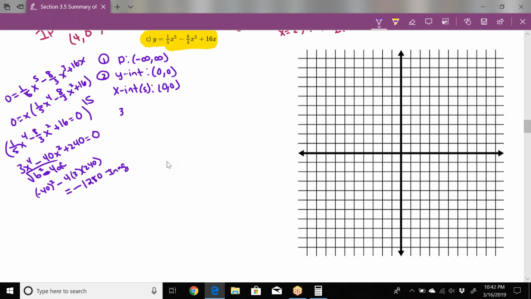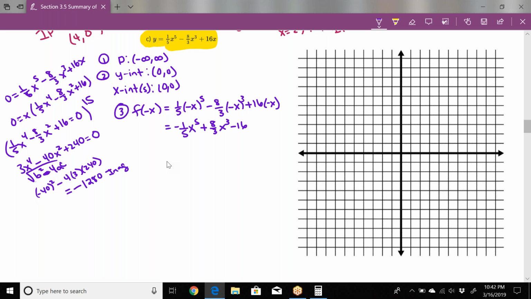It's the only real number. Now for part 3, I went through to check and see if we had the symmetries. So I put in negative x for all the x's. So this is 1/5 times negative x to the 5th minus 8/3 times negative x to the 3rd plus 16 times negative x. A negative in an odd power comes out and changes the sign to a negative, so that's negative 1/5 x to the 5th, and that would make this positive 8/3 x to the 3rd and minus 16.